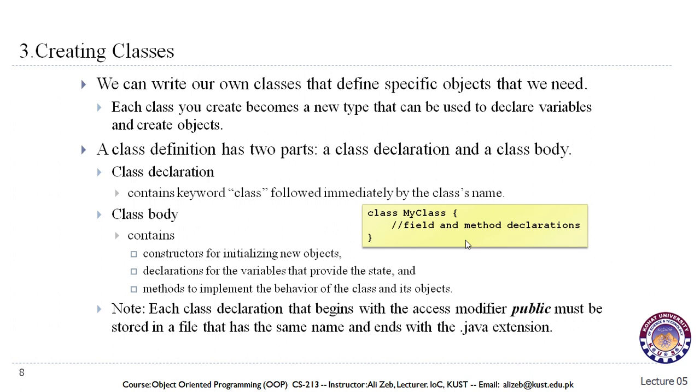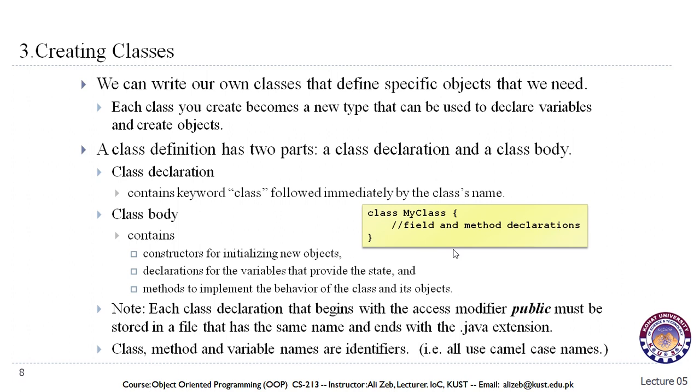We understand that this creates a Java file for us in our directory that we can compile later. In simple words, the file needs to be saved with the same name as our public class name. So if you want to save this file, then it will need to be saved with the MyClass.java name.